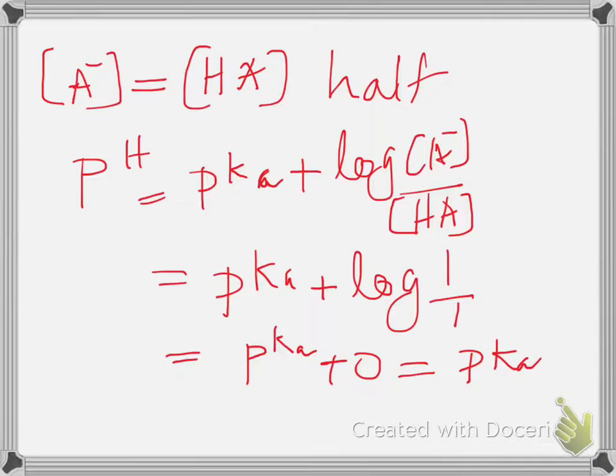This equation shows why the pK of a weak acid is equal to the pH of the solution at the midpoint of its titration.